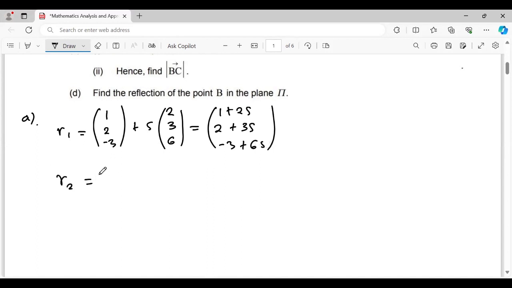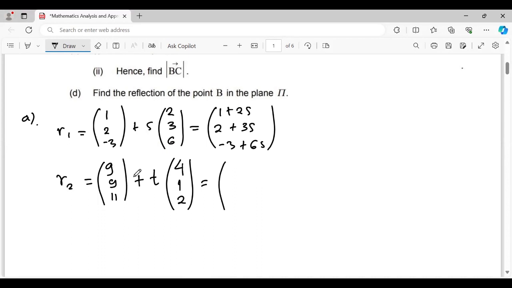While r2 equals (9, 9, 11) plus T times (4, 1, 2). So 9 plus 4T, 9 plus T, 11 plus 2T.